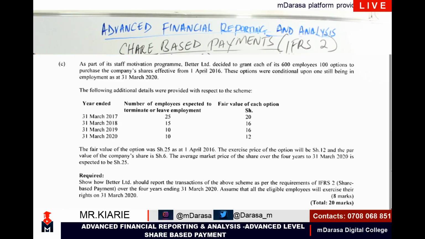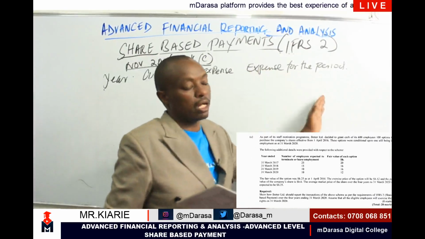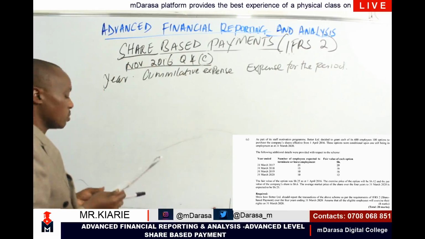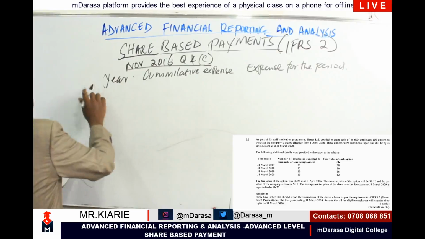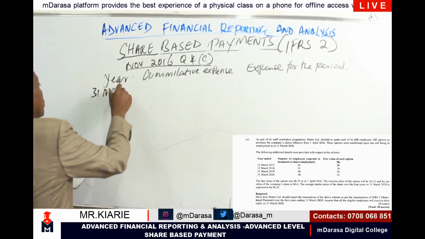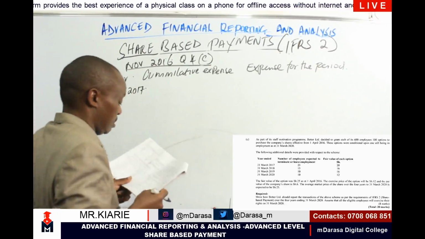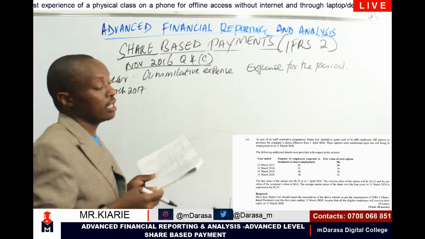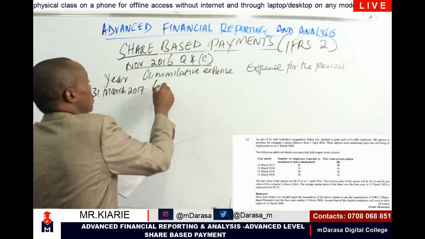Now, again, you write year, cumulative expense, and then expense for the period. We are going to start with the year ending 31st March 2017. We had a total of 600 employees, out of which 25 are expected to leave in year 1.